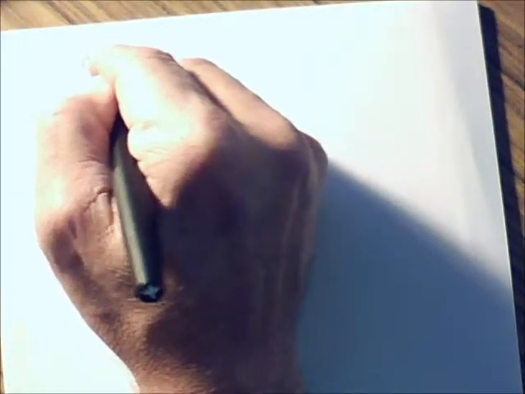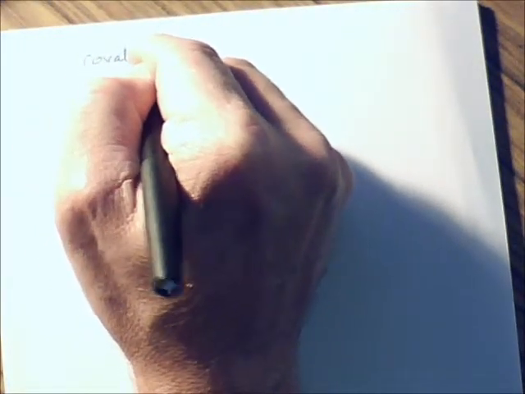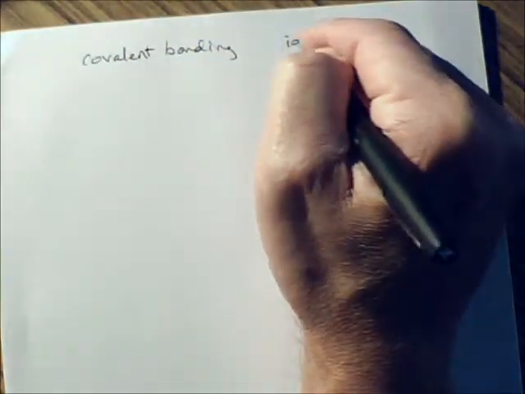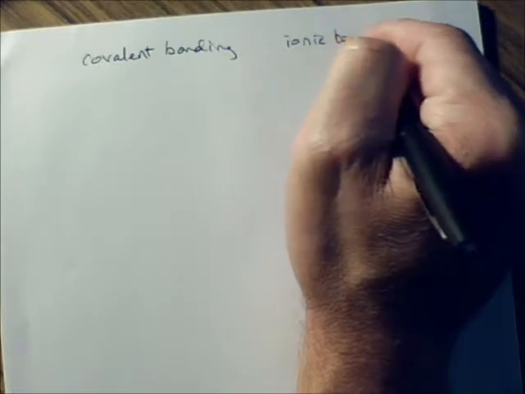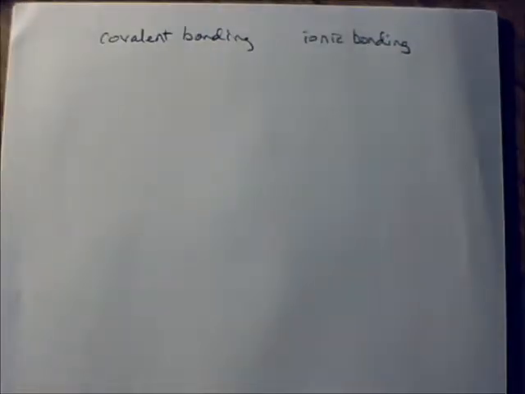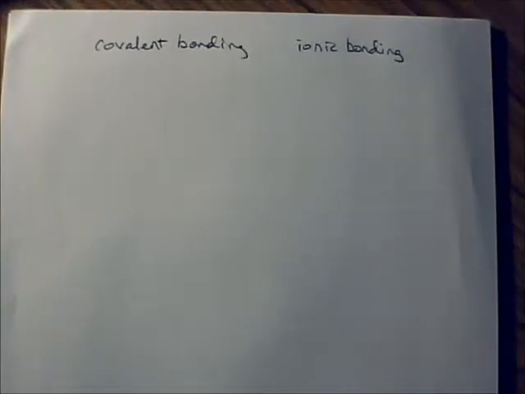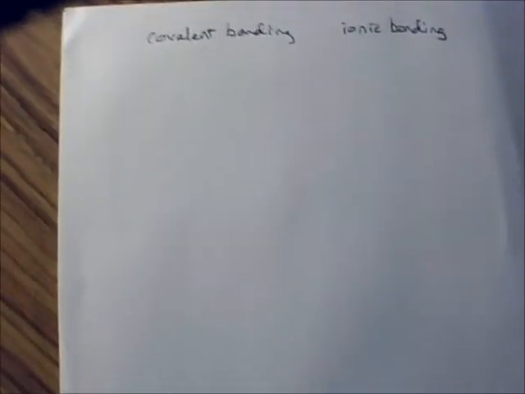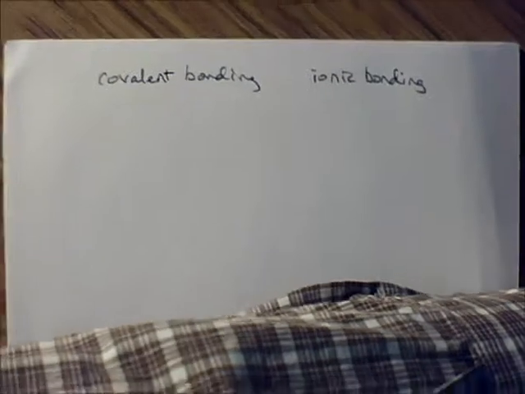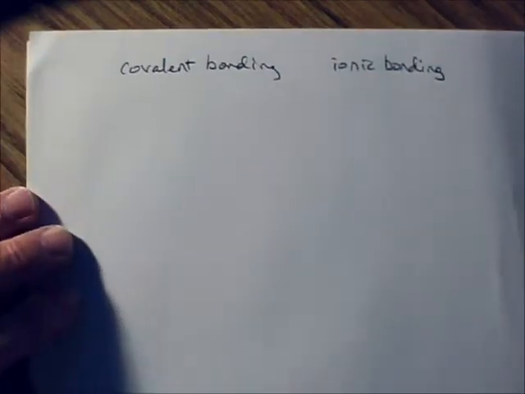You learned about either covalent bonding or ionic bonding. Covalent bonding, you probably learned, was sharing electrons. And ionic bonding was giving up and gaining electrons, perhaps.